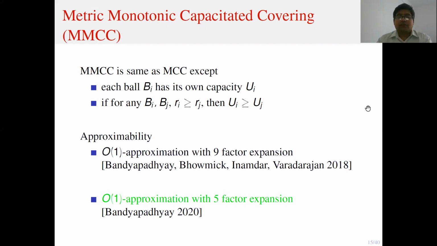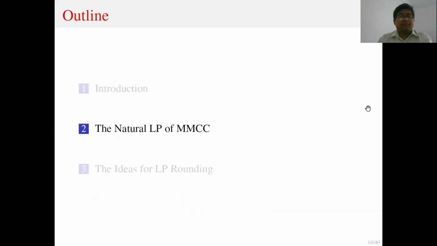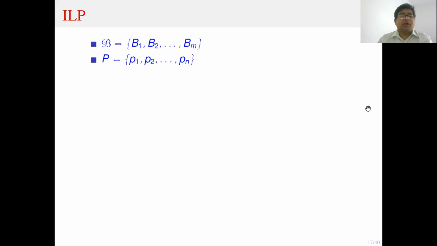This result is based on LP rounding. So let me consider the ILP of the metric monotonic capacitated covering problem. Recall that we are given a set of balls B1, B2 up to Bm, and a set of points P1, P2 up to Pn. In this ILP, we take a variable yi corresponding to each ball bi, which denotes whether the ball is selected in the solution or not.